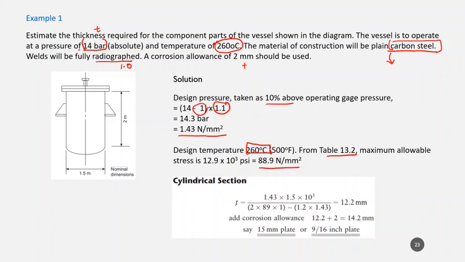Okay, to determine the thickness for the cylindrical section, this is the cylindrical design. So you use the equation shown to you previously, including the corrosion allowance, and this is the thickness of the cylindrical section. Okay, how about designing the head on the pressure vessel here?